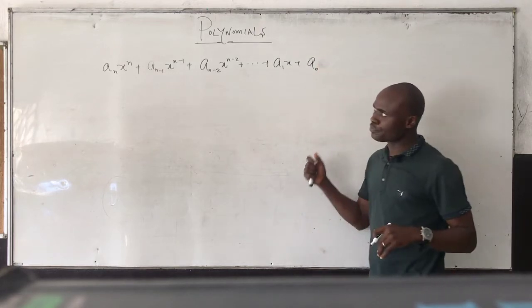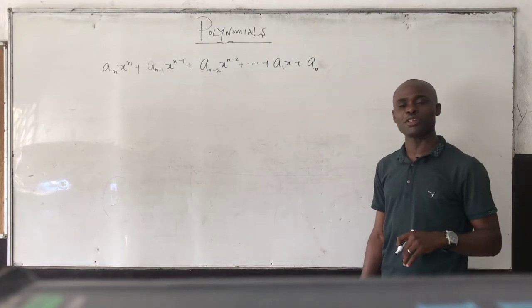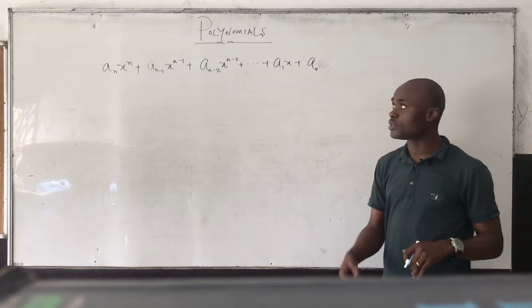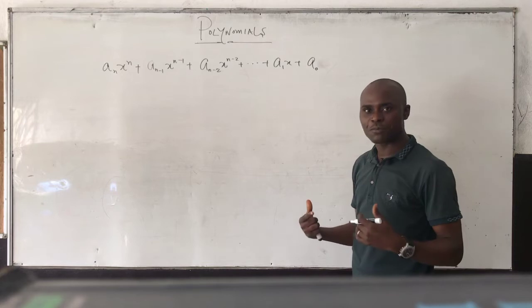So this is quite scary for anybody. I'm sure you may want to run away from the video just to see this, but I'm going to explain everything to your understanding. So this is what I might refer to as a polynomial expression.